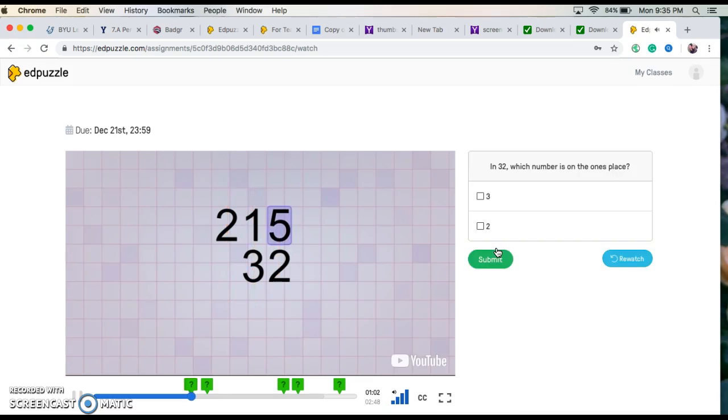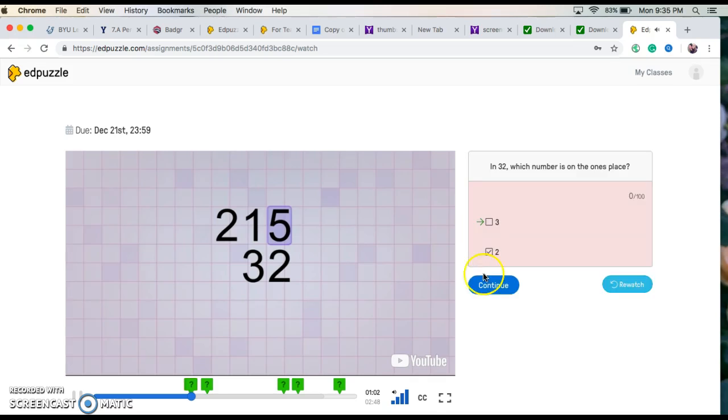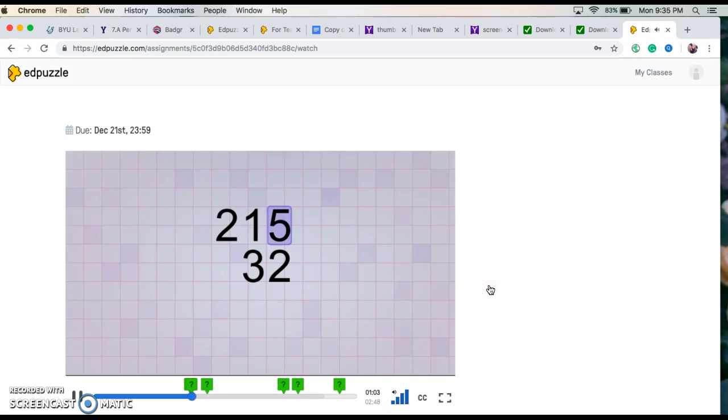In 32, which number is in the ones place? The ones place of the number on top is directly over the ones place of the number beneath it. And if you line up the ones place correctly, then all the other number places will be lined up too.